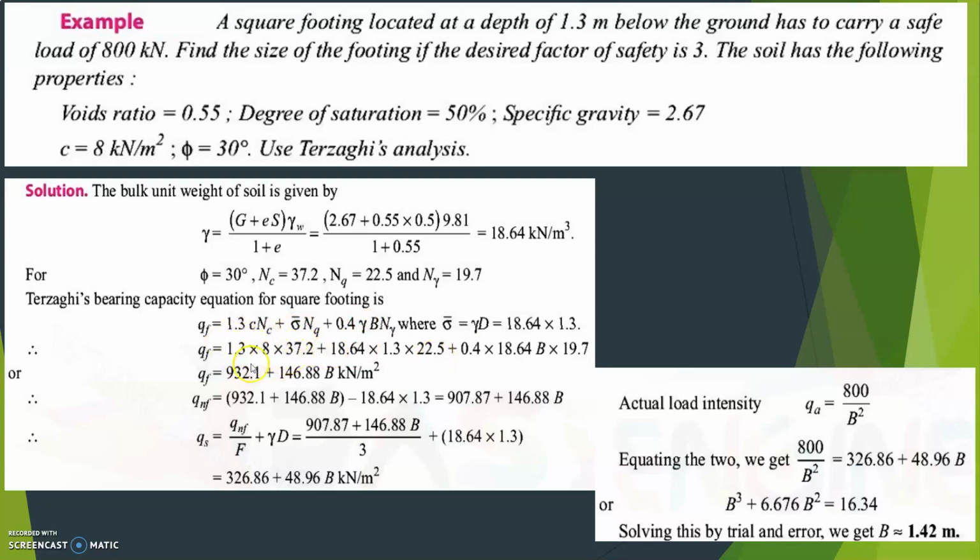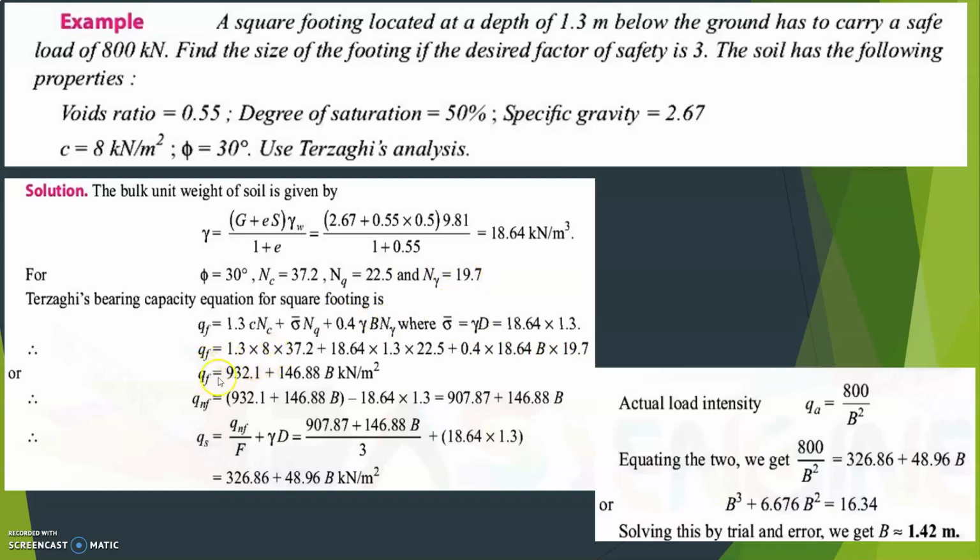You have everything here. 1.3 into C, C is 8, into NC, that is 7.2, plus gamma D NQ, gamma is 18.64, D is 1.3 meter, NQ is 22.5, plus 0.4 into 18.64 into B. We don't know B, we have to calculate the size of the footing, so let it be B only, into N gamma, 19.7.